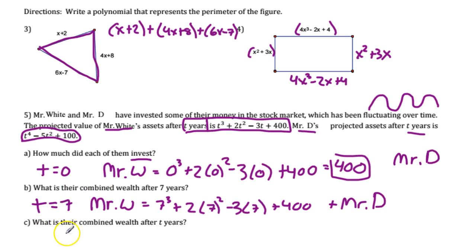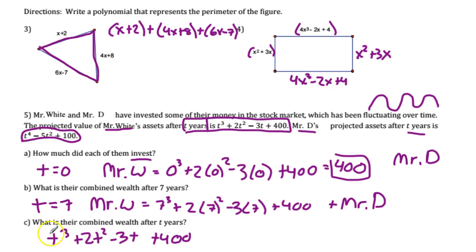And the last one, their combined wealth after t years. So they just want to know, it could be any number of years, but they want to leave the variable in there. So this one, you're going to just simply add them together. t cubed plus 2t squared, minus, my bad, t cubed plus 2t squared minus 3t plus 400, right?